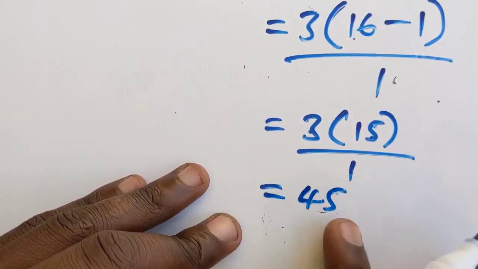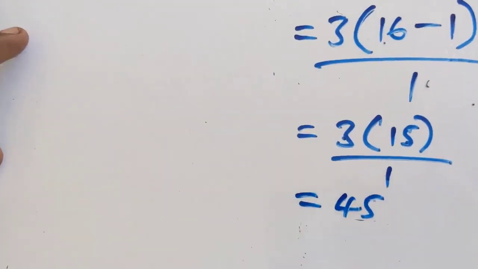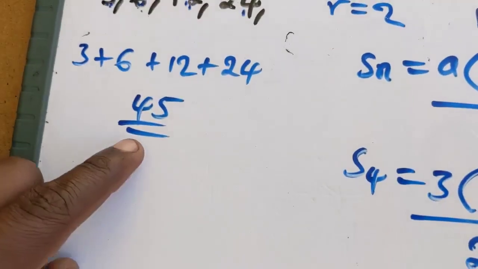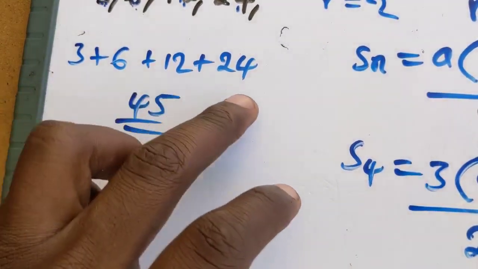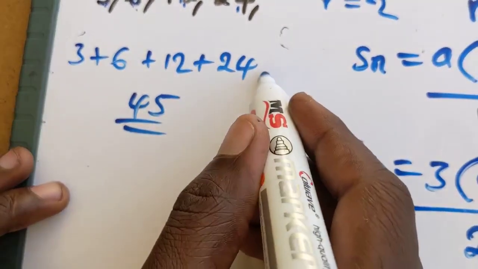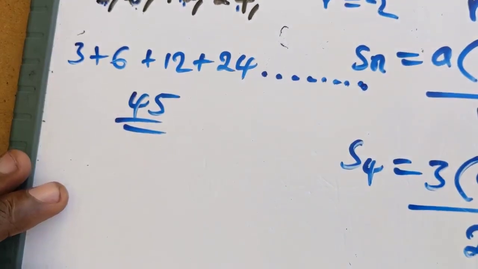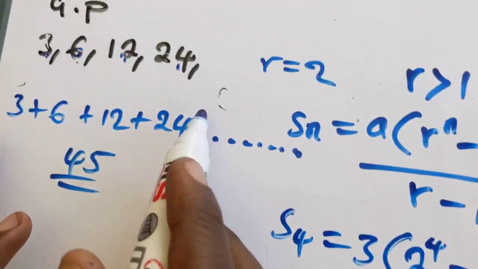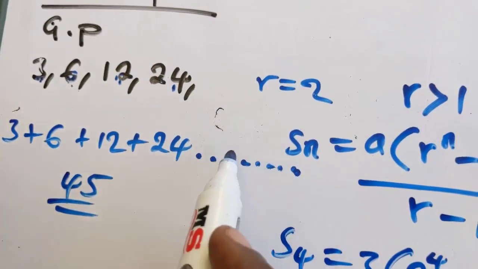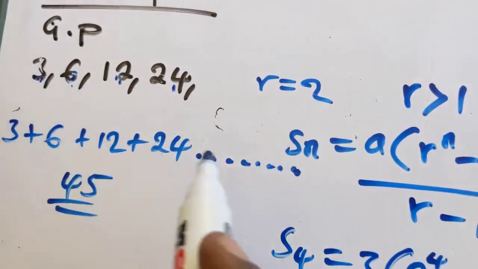So we've confirmed that this is the answer that you had found earlier, when we were adding. Now when you are asked to find the sum up to the 10th term, this is the formula you are supposed to use, because you don't know the other terms, and if you start adding it will waste your time.